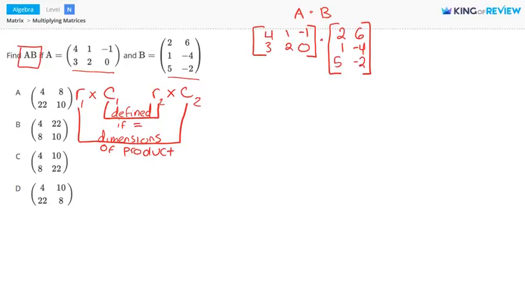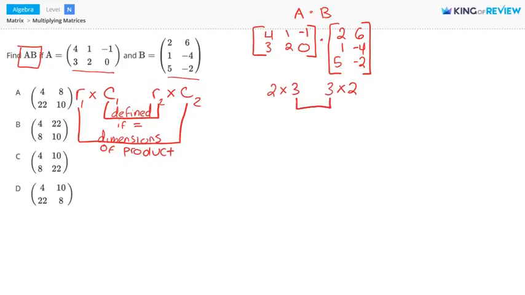So first we need to check if the product will be defined. What are the dimensions of matrix A? Well, it has 2 rows and 3 columns. So matrix A is a 2 by 3 matrix. Now let's look at matrix B. Matrix B has 3 rows and 2 columns. So it is a 3 by 2 matrix.